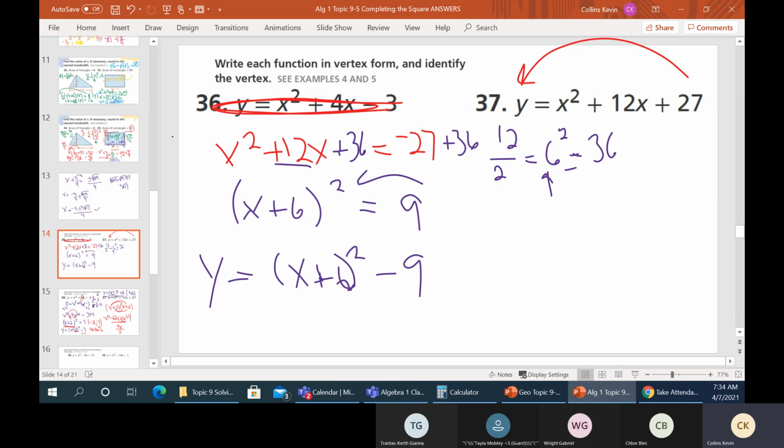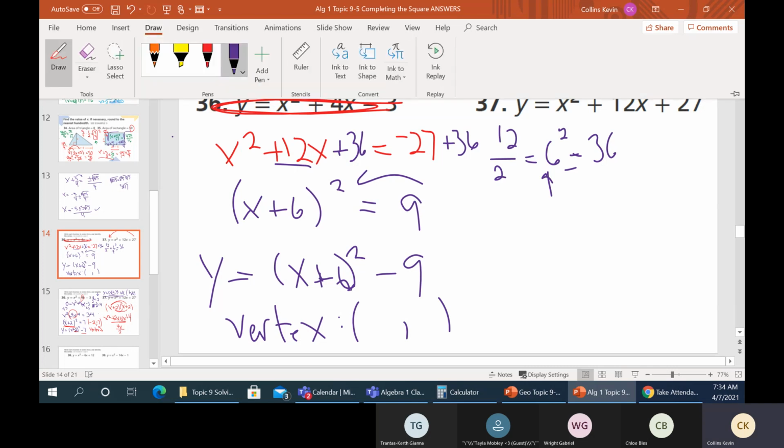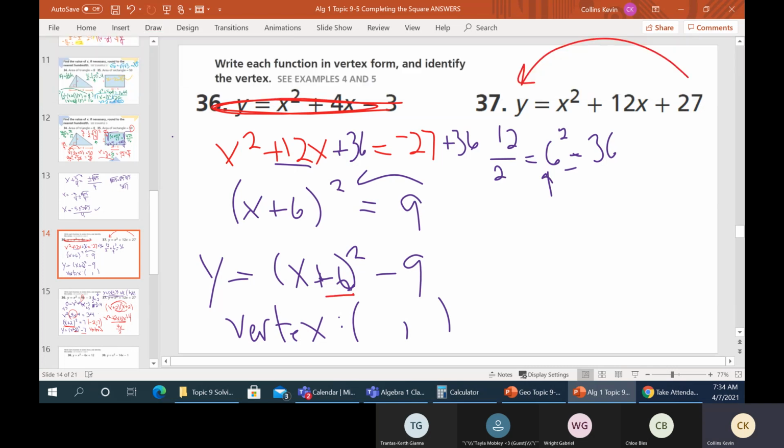And again, when they want the vertex, it's going to be an xy point, right? So then what do we do? We switch the sign on this guy, so negative 6, and leave this guy alone, minus 9. Okay.